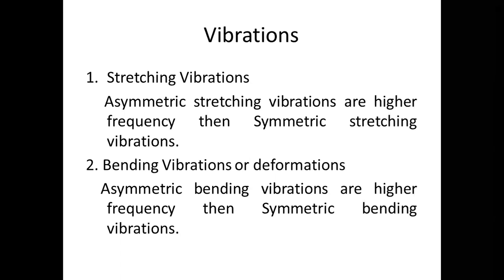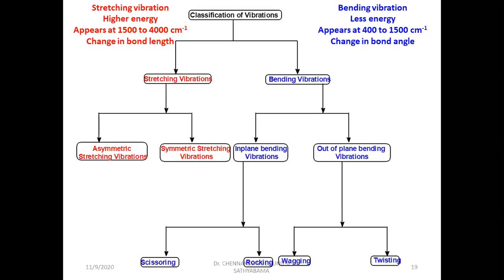For bending vibration, we need a minimum of 3 atoms, because to see the bond angle we need a central atom with respect to 2 bonds. That is why we see bending vibrations in triatomic molecules, while stretching vibration can be seen for any 2 atoms, whether of equivalent mass or different mass or different electronegativity.